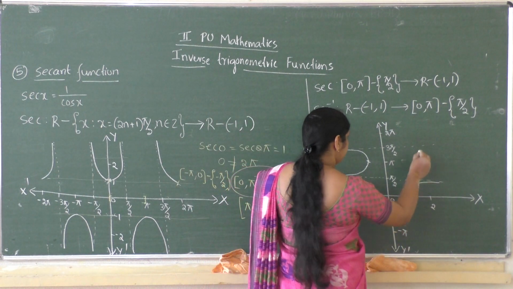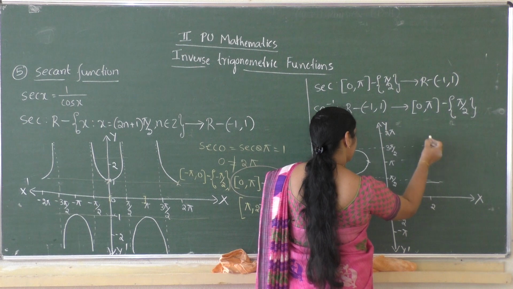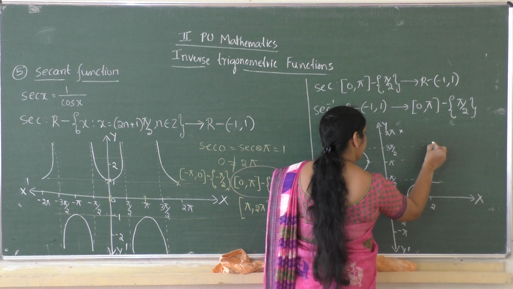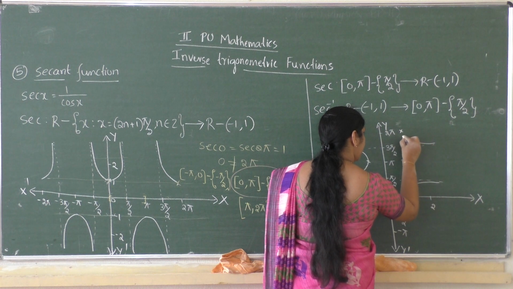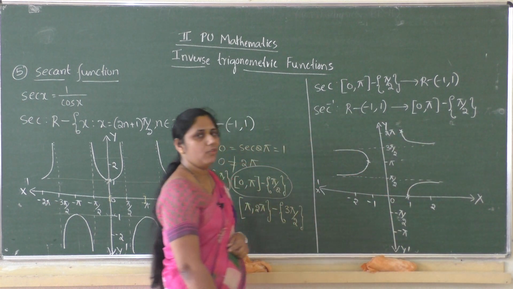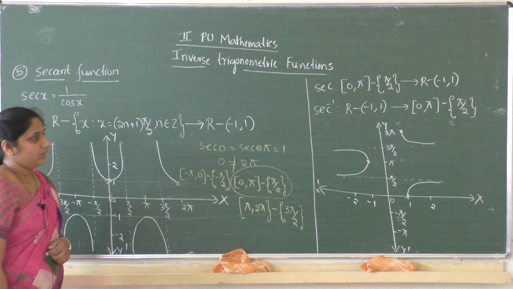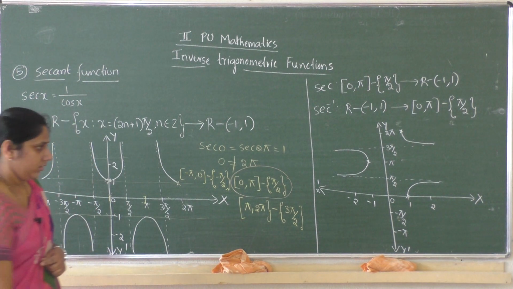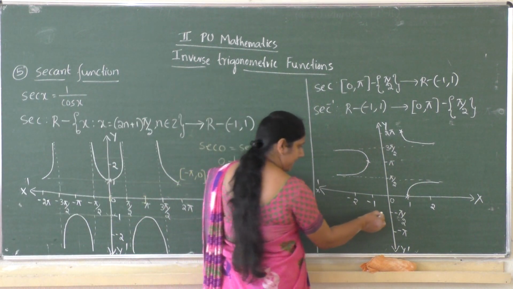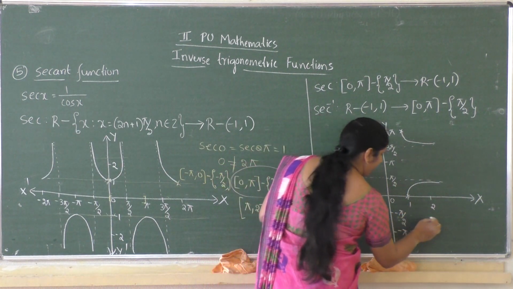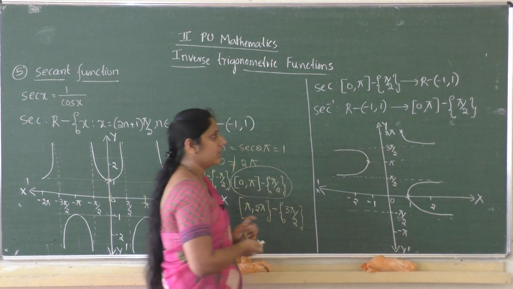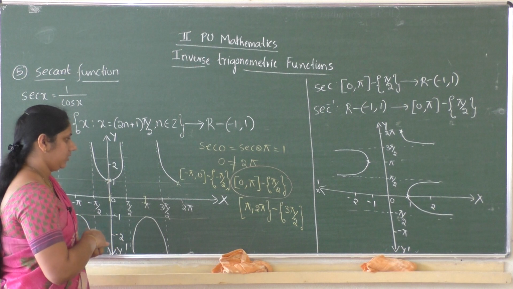Next, in the fourth quadrant, at 3 pi by 2 infinity, and at 2 pi 1. So this is the graph of sec inverse, and now repeat the same. That is here 1 to infinity and so on. So this is the graph of the sec inverse function.